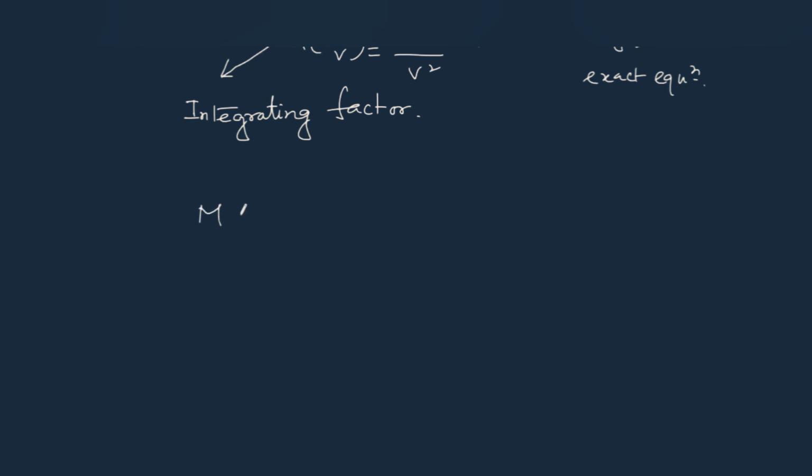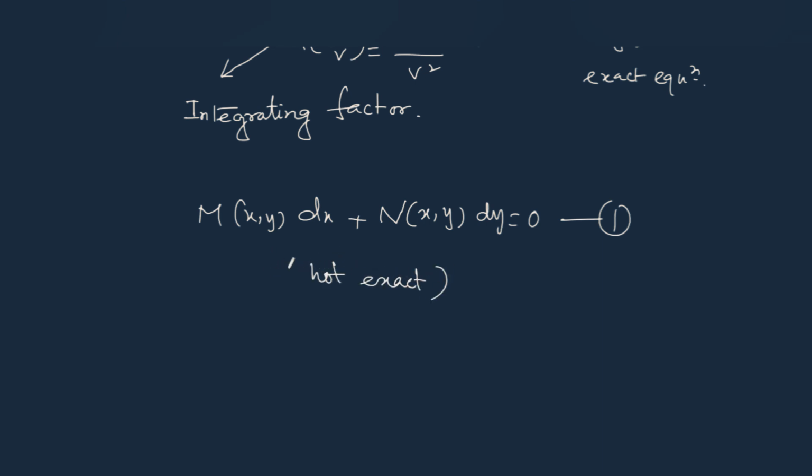Suppose M, a function of x and y, dx plus N, a function of x and y, dy equals 0. This is an ordinary differential equation, and it is a non-exact equation. This is not an exact equation.